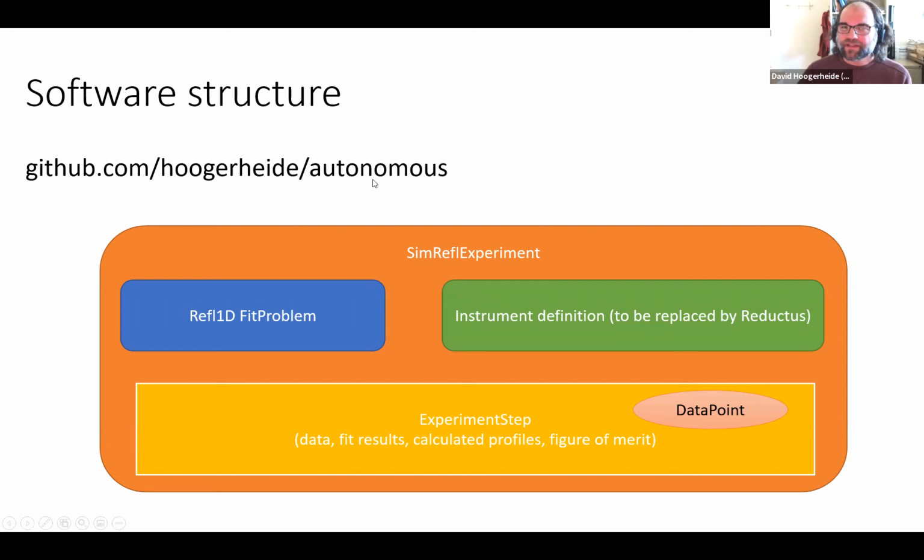It's not particularly well documented, to be frank, but basically you can run this reflectivity experiment with a REFL1D fit problem if you use REFL1D, and then it'll keep track of each step in the experiment and collect some simulated data that you can then use to analyze later. If you're at all interested in this, by all means, just feel free to reach out to me.